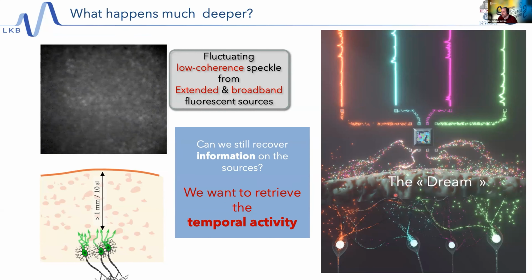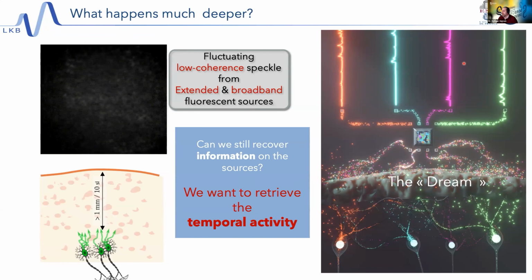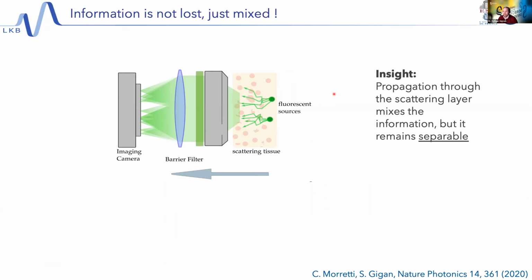So the dream would be to get the signal from these neurons and in some way recover the temporal activity of these neurons. So going back to modeling what happens, you have sources that are emitting some light through the scattering medium. You collect them on a camera. And the general insight from this signal processing concept is that the information is not destroyed, it's just mixed, but it still remains separable.